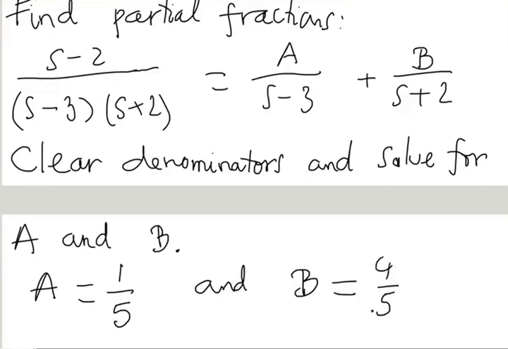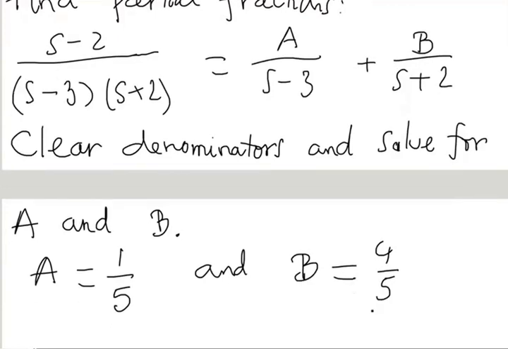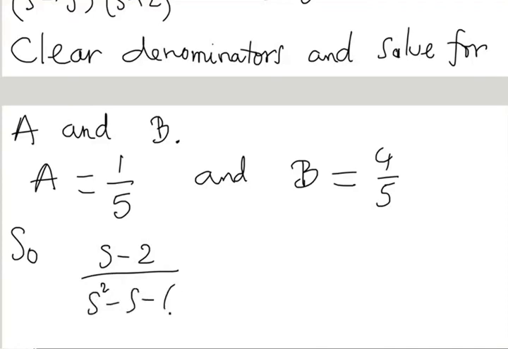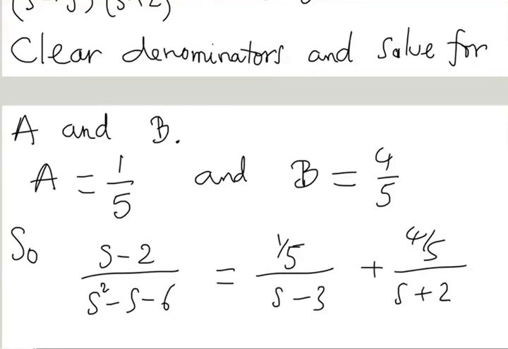You may pause the video and try to do it yourself. So we have the fraction s minus 2 over s squared minus s minus 6 is A, which is 1/5 over s minus 3 plus B, 4/5 over s plus 2.